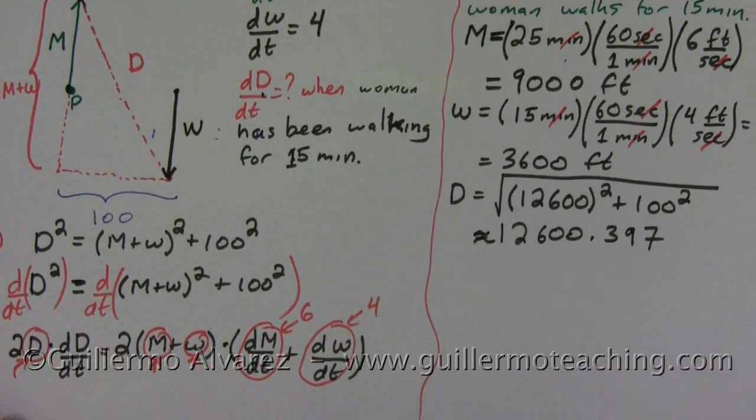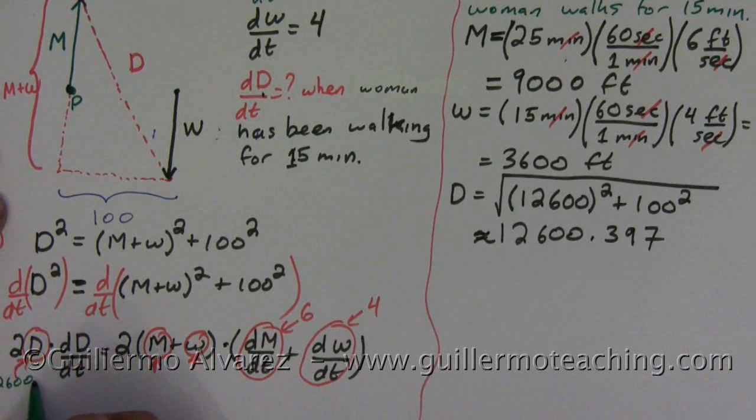Okay, so that means we can plug all of this stuff in. For D we can plug in 12,600.397. For M we can plug in 9,000. For W we can plug in 3,600.